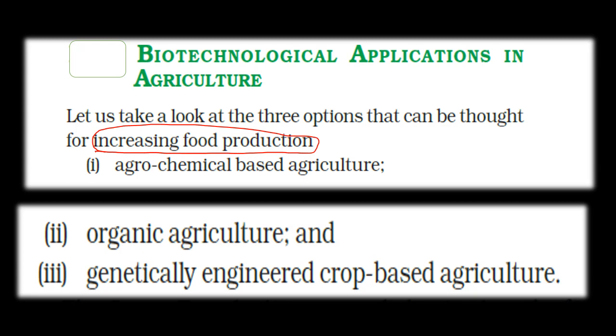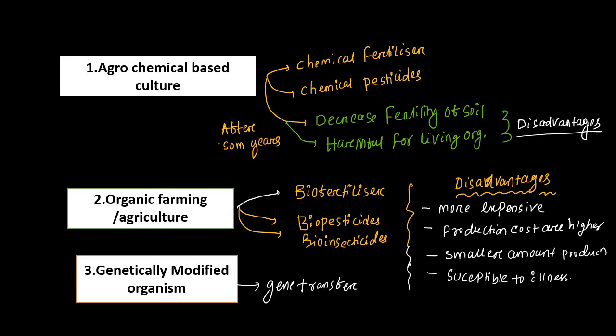It contains different parts: agrochemical based agriculture, secondly organic agriculture, and thirdly genetically engineered crop based agriculture. First one is agrochemical based agriculture, secondly organic farming, and thirdly genetically modified organisms.